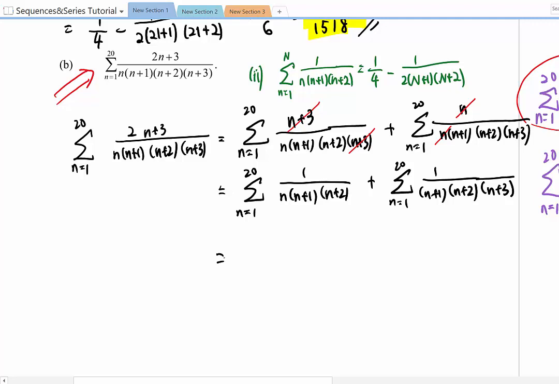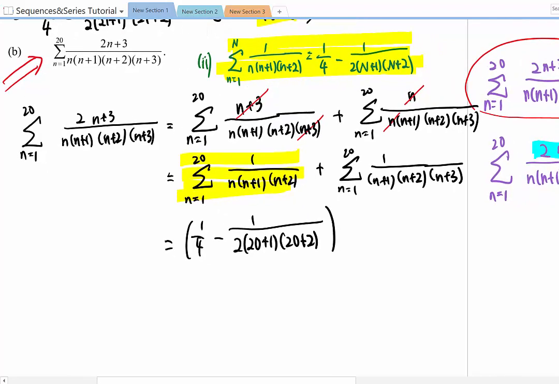And now we see that this series, it is actually similar to part 2, isn't it? Except now the capital N has been changed to 20. So all we need to do is to change capital N to 20.